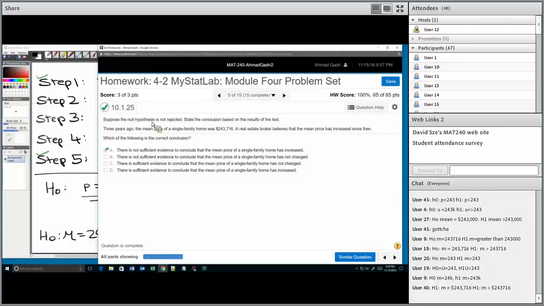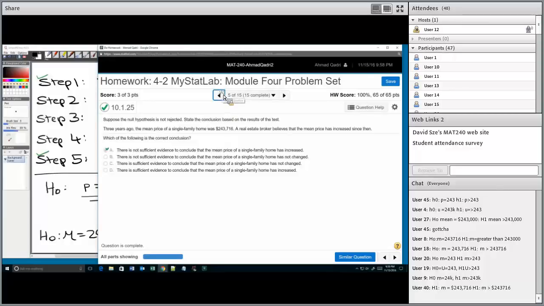Now the problem said, suppose the null hypothesis is not rejected. So what is the conclusion? Okay, so this is the correct answer: there is not sufficient evidence. By the way, this is a hint.